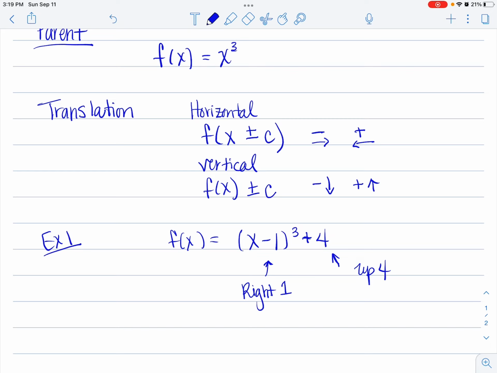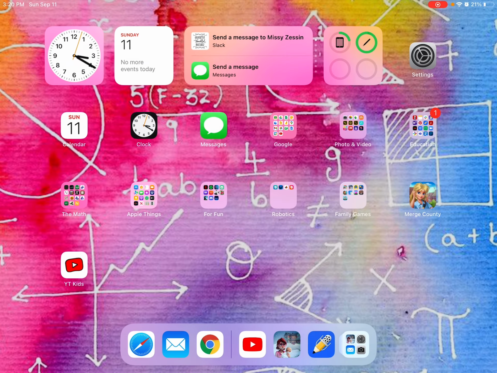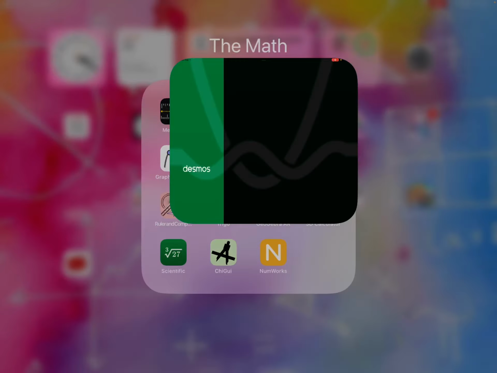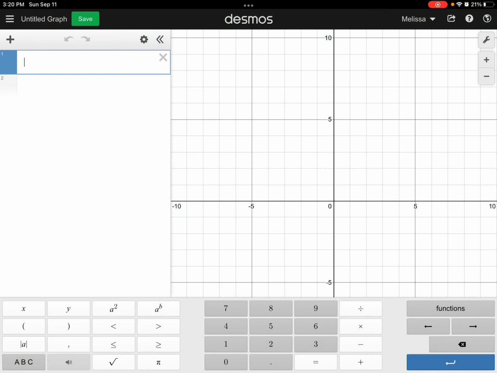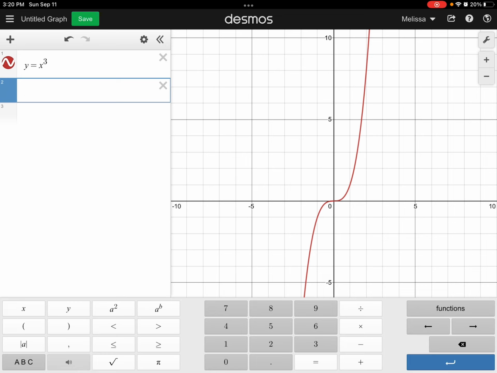Now, if we want to see what that looks like, I'll go to Desmos and type that in. As a matter of fact, that would be really great. Let's go ahead and do that. There we go. Okay, so I'm going to do the parent function first. y equals x to the third power. So there's my parent function.